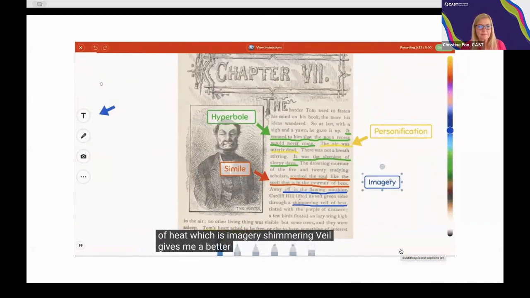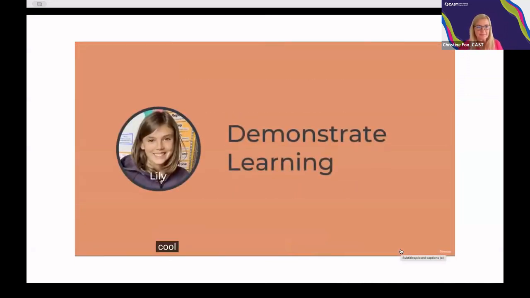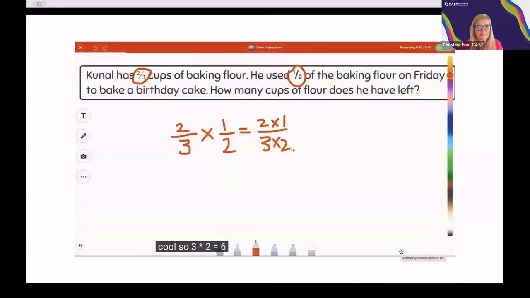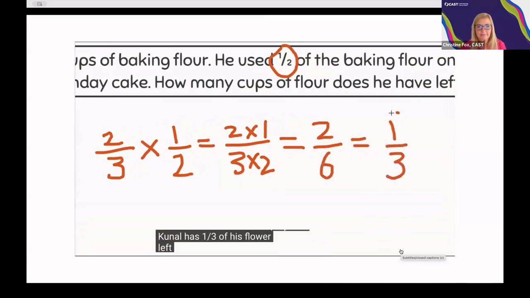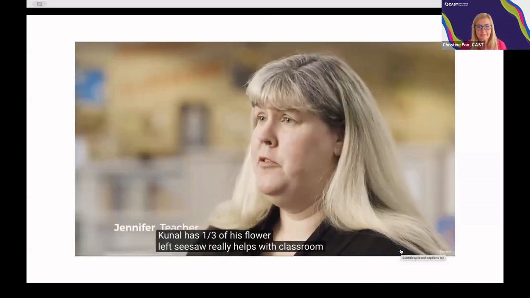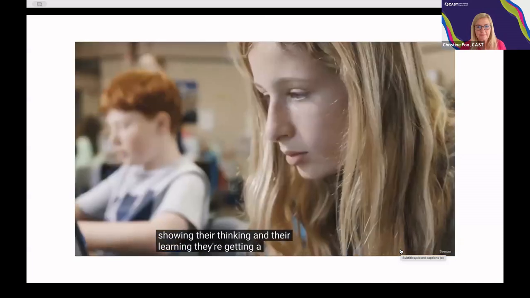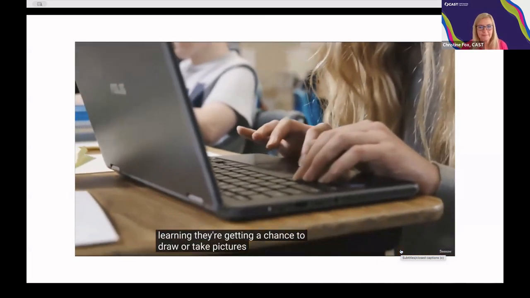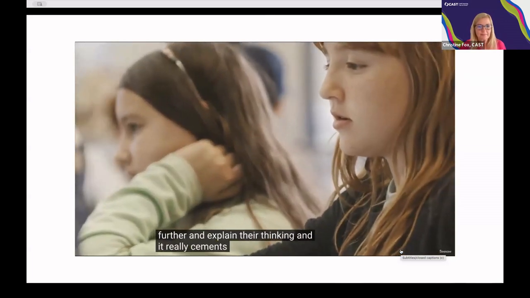Shimmering Veil gives me a better picture of the kind of heat of that day, and it sounds cool. Says 3 times 2 equals 6. Okay, so my answer is 2/6, or 2/6. Oh, I can simplify that. Kunal has 1/3 of his flour left. Seesaw really helps with classroom engagement because they're the ones showing their thinking and their learning. They're getting a chance to draw or take pictures and then go a step further and explain their thinking. And it really cements the learning.